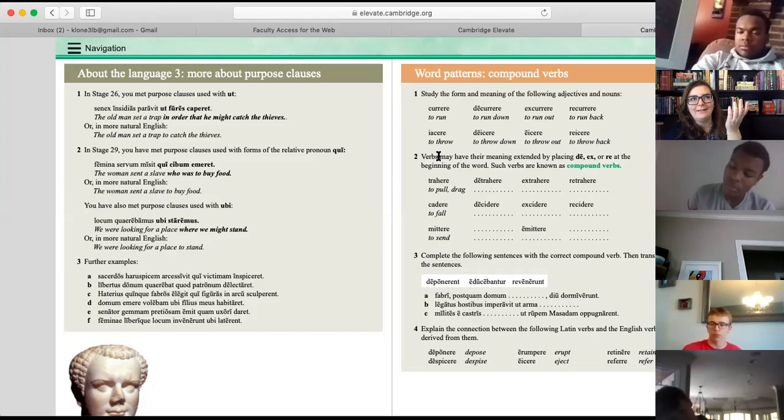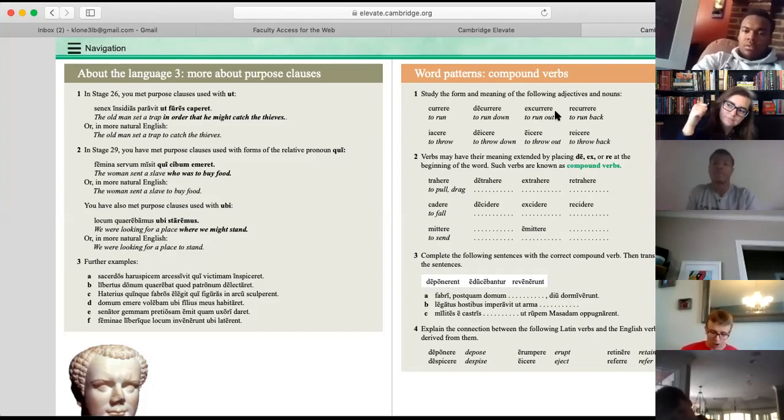If you take ex, which means out, then you can have excurrere, which means to run out, and you can have eicere, again a little spelling change, it doesn't have the x, which means to throw out. If you have recurrere, that means to run back, and if you have reicere, it means to throw back.